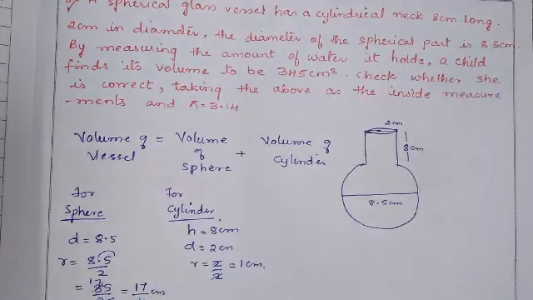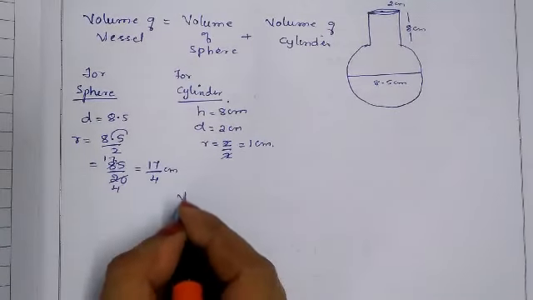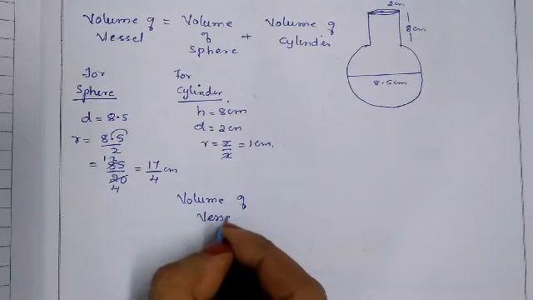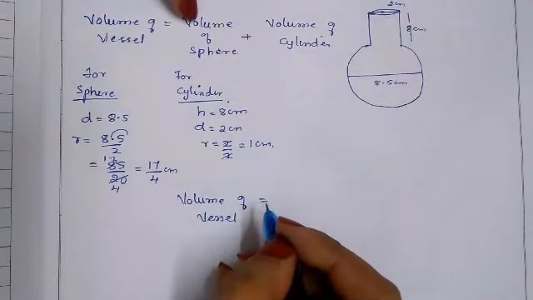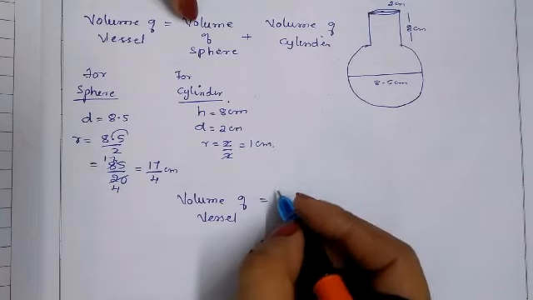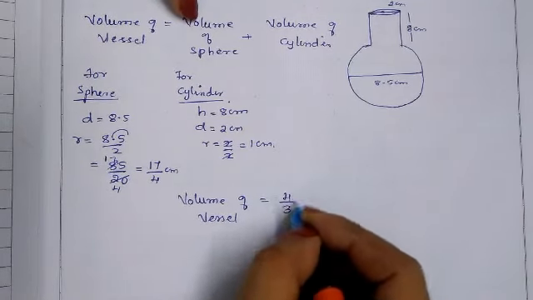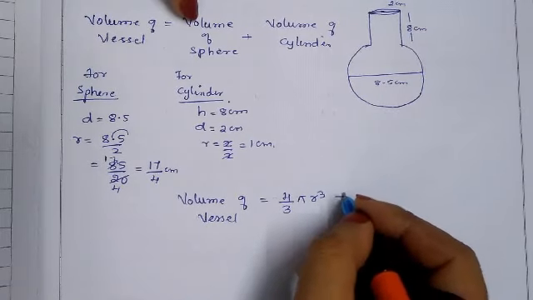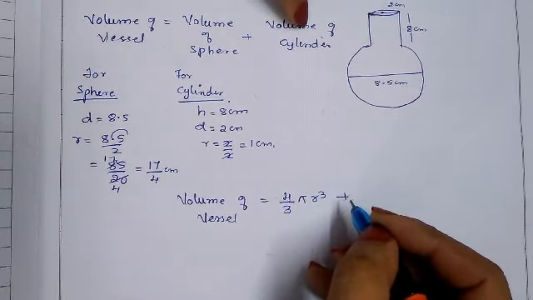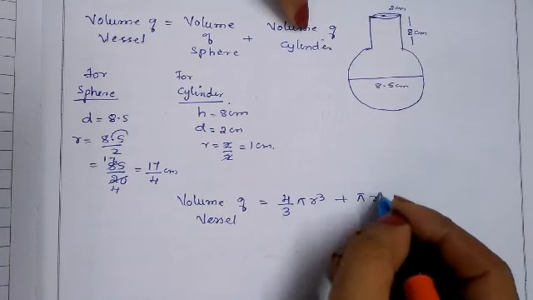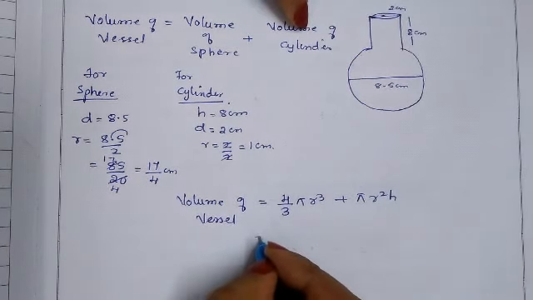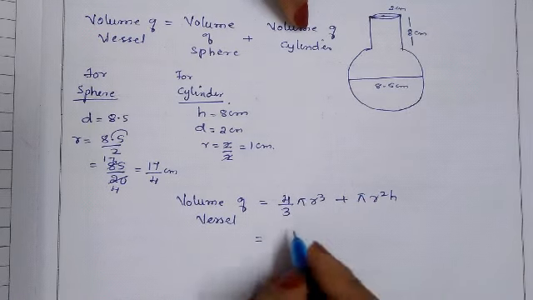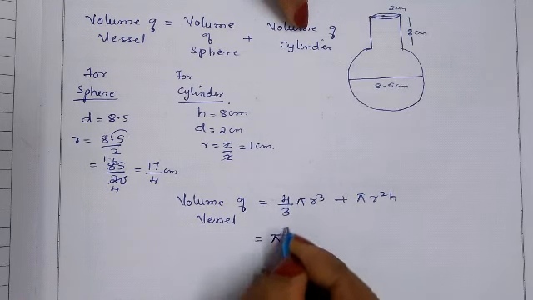Let us substitute in the formula. Volume of vessel is equal to volume of sphere formula, which we need to know very well, that is 4 by 3 pi r cube, plus volume of cylinder formula, which is pi r square h. Only pi is common because the radii are different, so I'll take only pi as common.